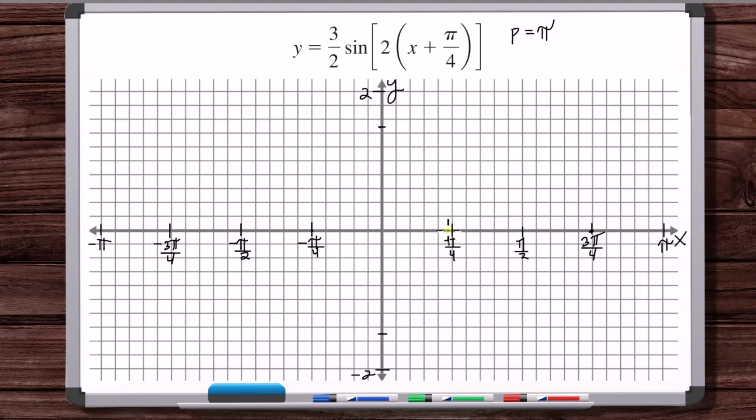At the midpoint it goes through the x-axis, and then at the quarter point, there's been no flipping here, it goes through the positive amplitude, and the 3/4 point goes through the negative amplitude. Okay, so let's see, and there we go.